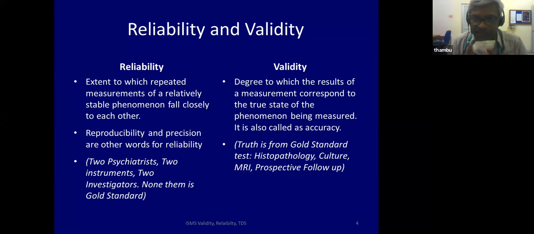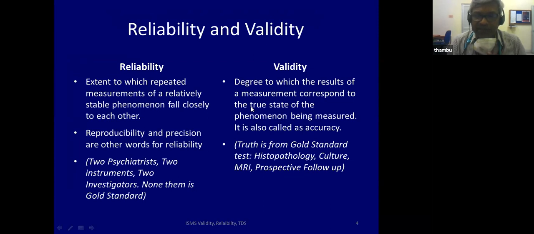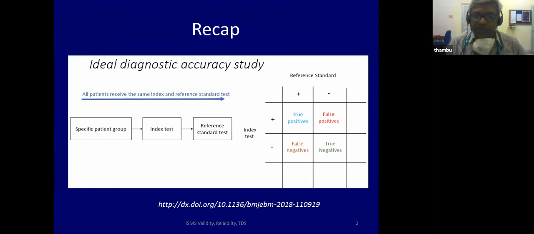Validity, on the other hand, is slightly different. Validity is more like the slide I presented earlier. Here you have a reference standard or a gold standard against which you are comparing an index test. So the validity is a degree to which results of a measurement correspond to the true state of the phenomenon being measured. Now, the true state of the phenomenon is reflected by the gold standard.